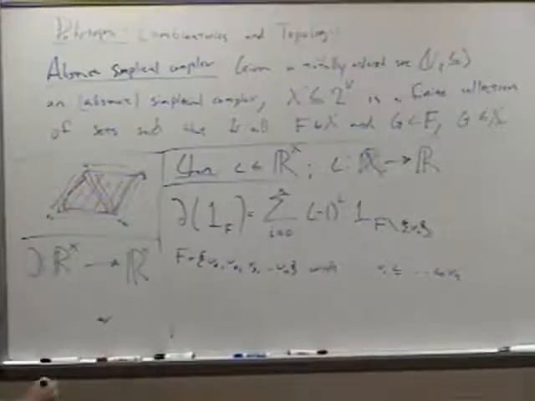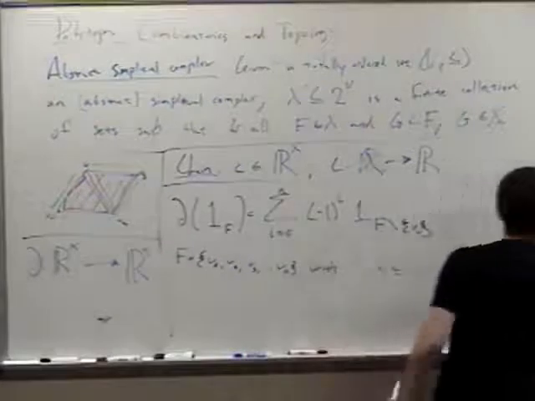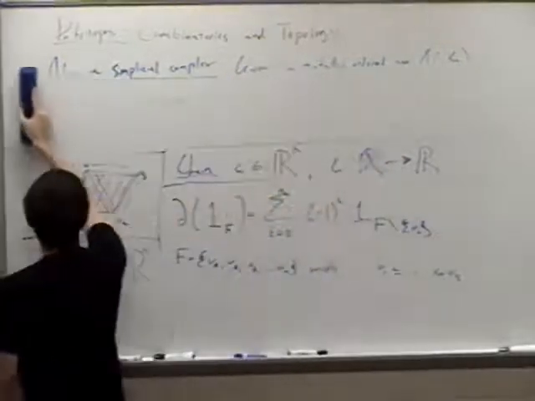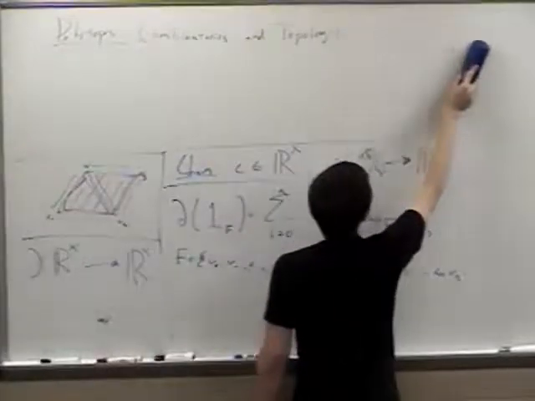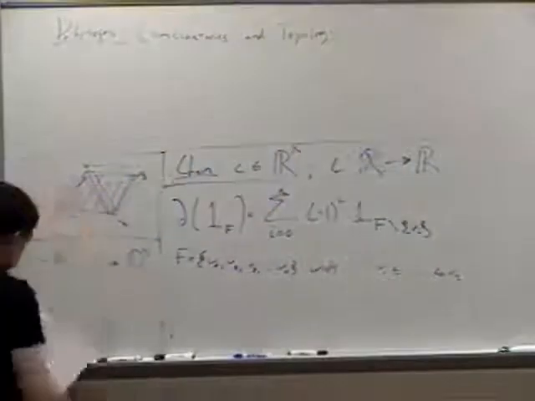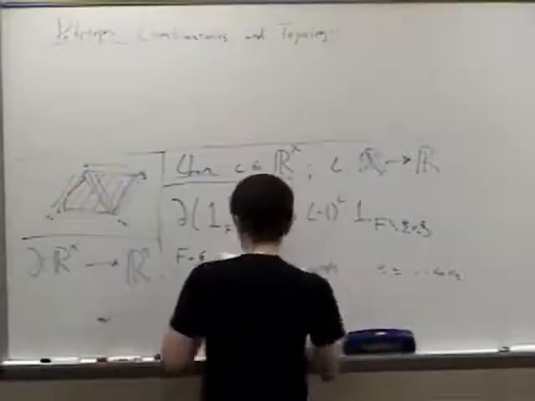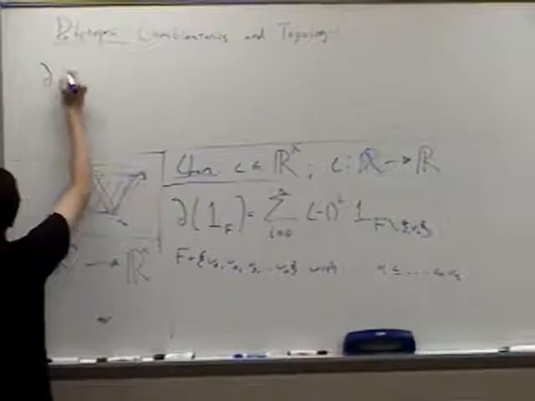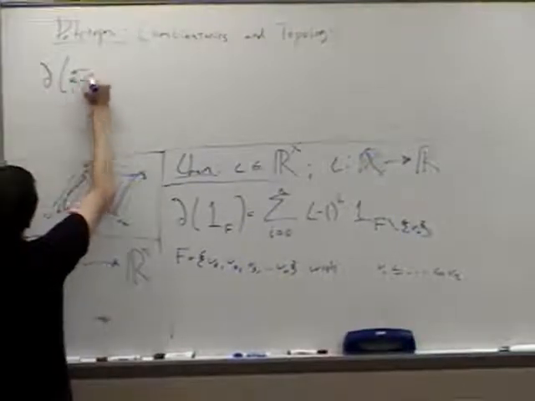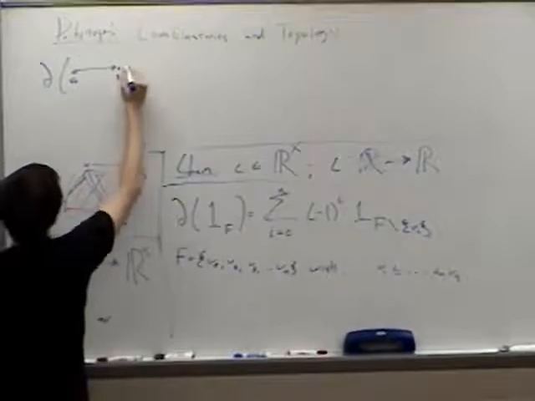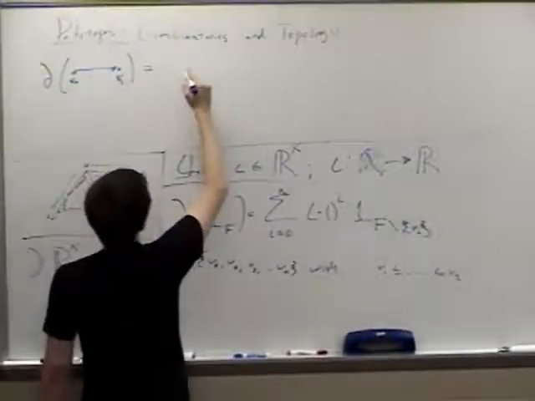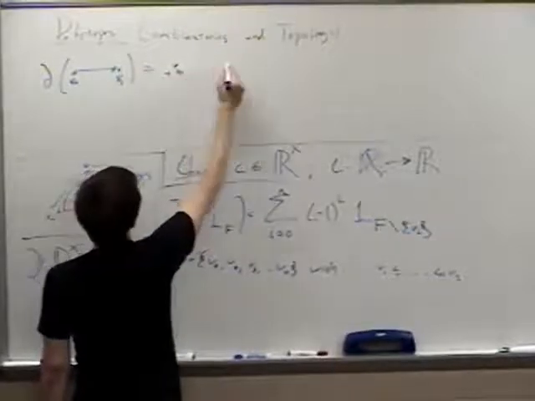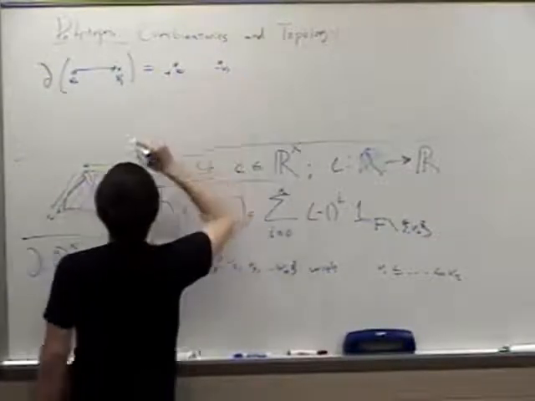So I already drew one picture of what this looks like. I'm going to erase this top part here. If I have, again, some line here, we'll write this as v0 maps to v1. Then this is going to spit out, say, a plus v0 and a minus v1.